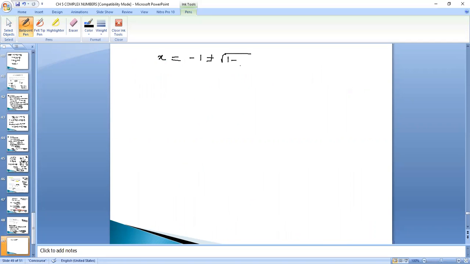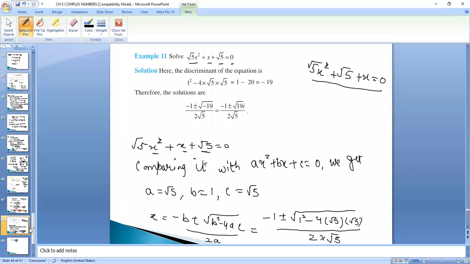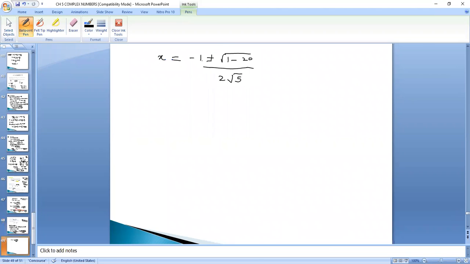We will check 1 minus 20 upon 2 root 5. Minus 1 plus minus root 1 minus 20 upon 2 root 5 is equals to minus 1 plus minus root of minus 19 upon 2 root 5.